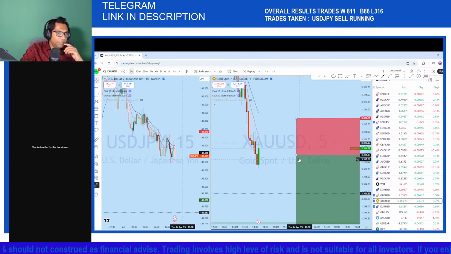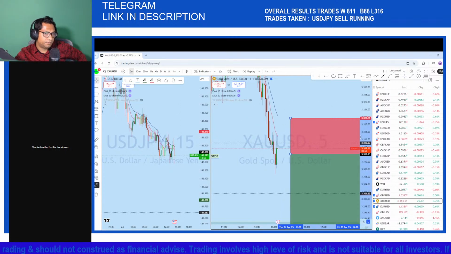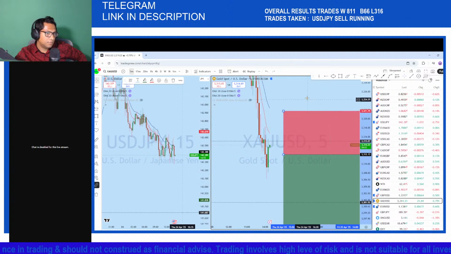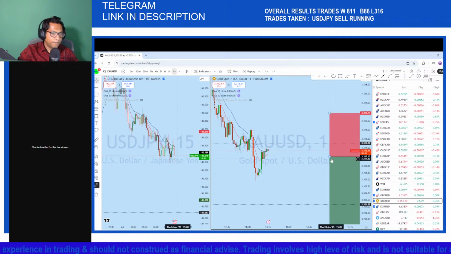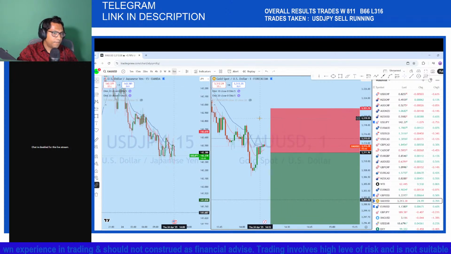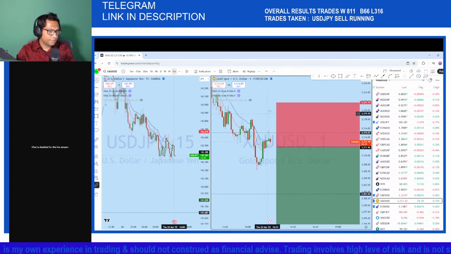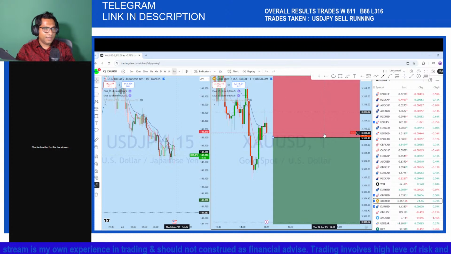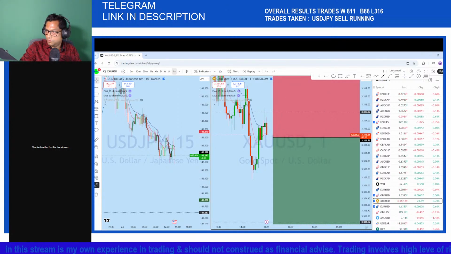Okay, there is a 5 minutes close, and okay, now with the long wick, that's where it's now possibly to return down.